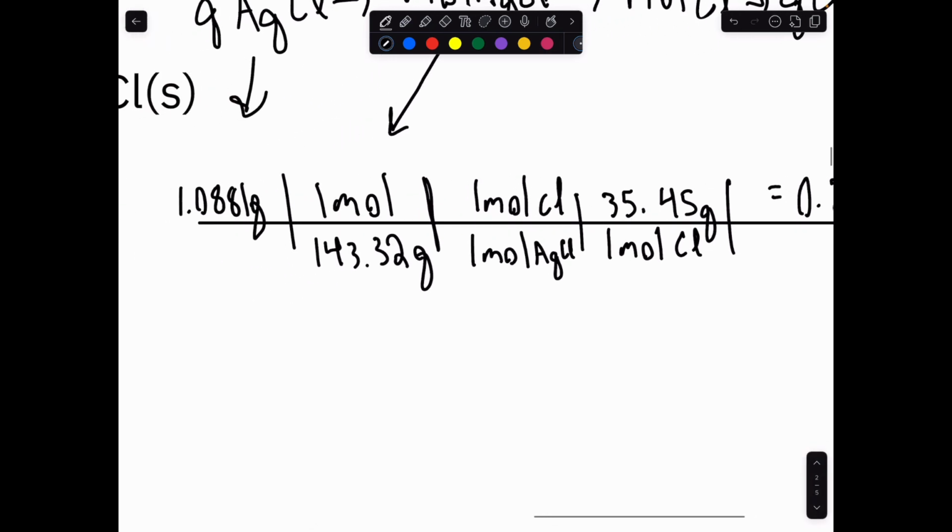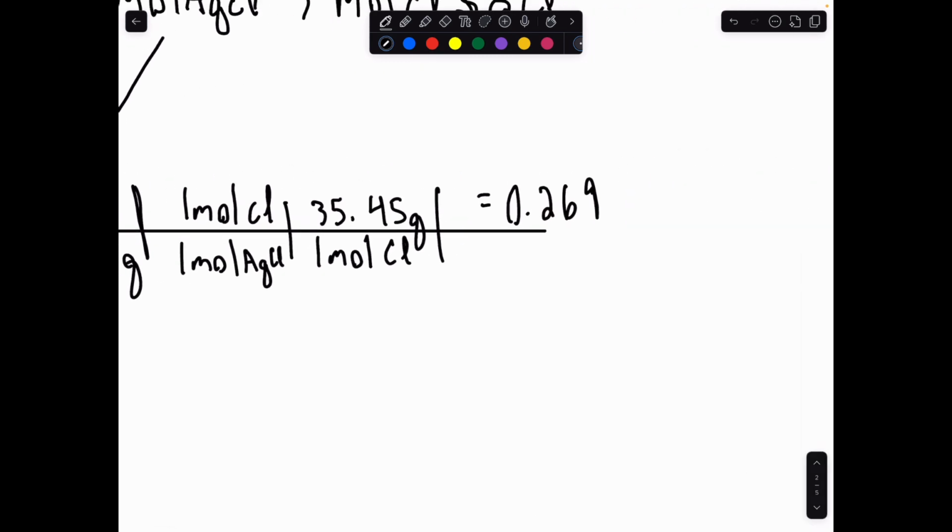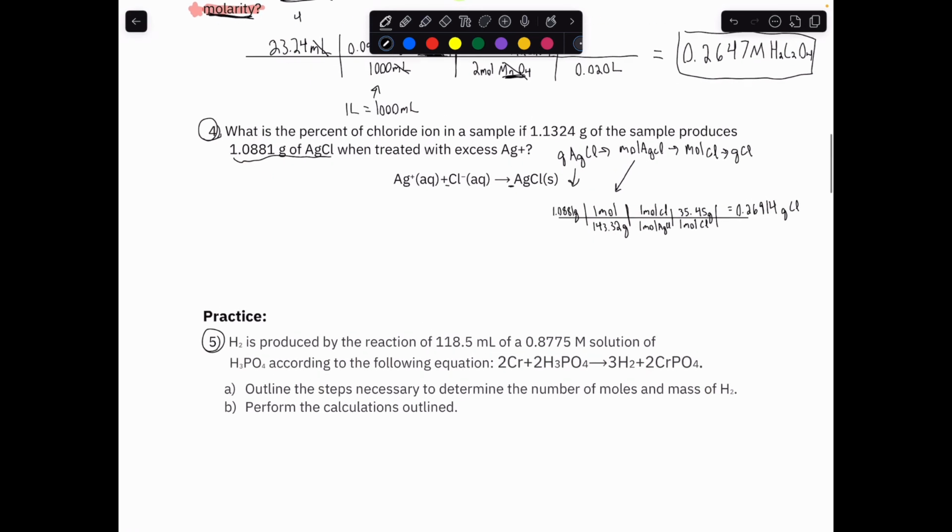I'm going to say there's 5 significant figures, grams Cl. So now that's how many grams we know are supposed to be created based off of our grams of AgCl.